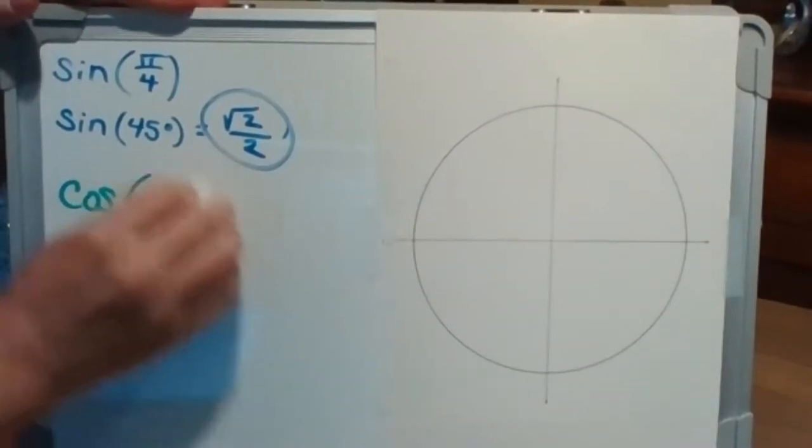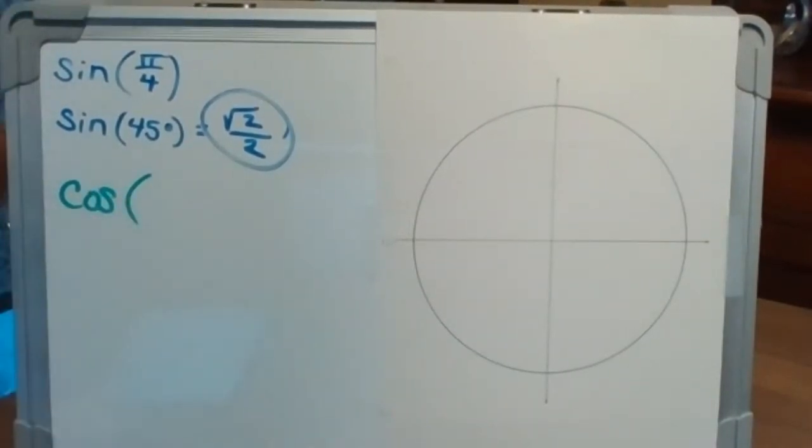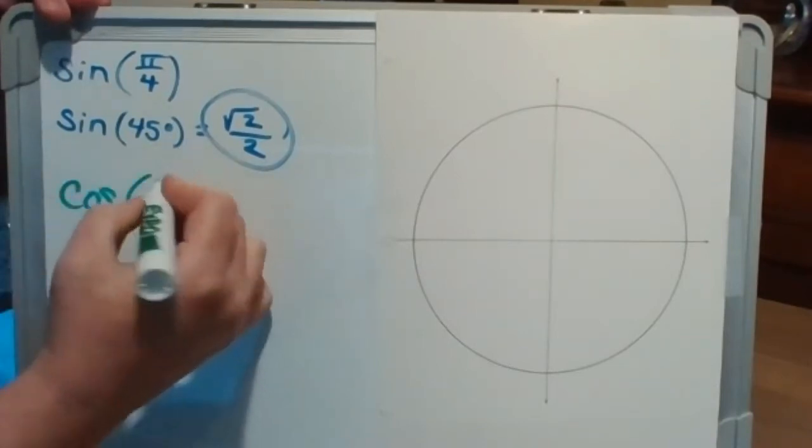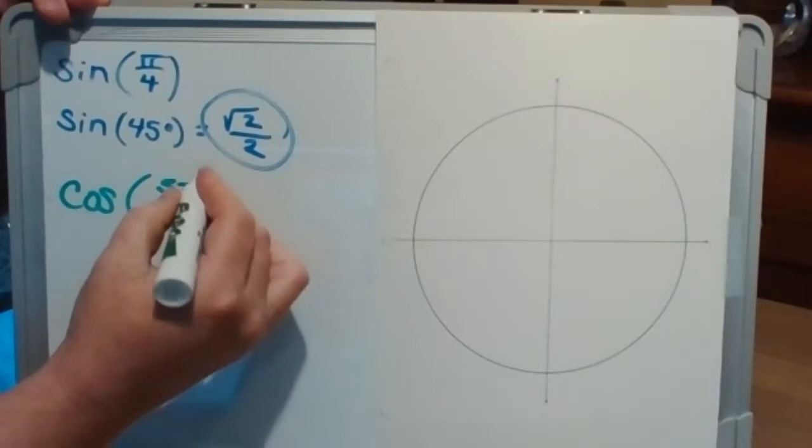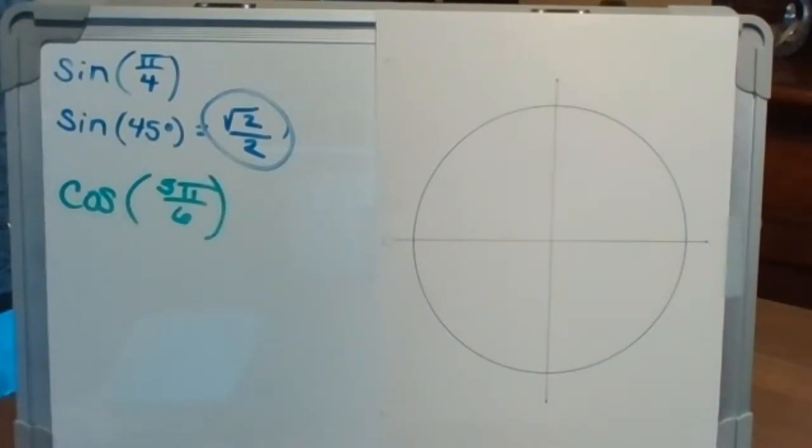I'm going to choose a different one. All right, let's find cosine of 5 pi over 6. So we're likely going to want to convert this to degrees just to help us with our reference angle.